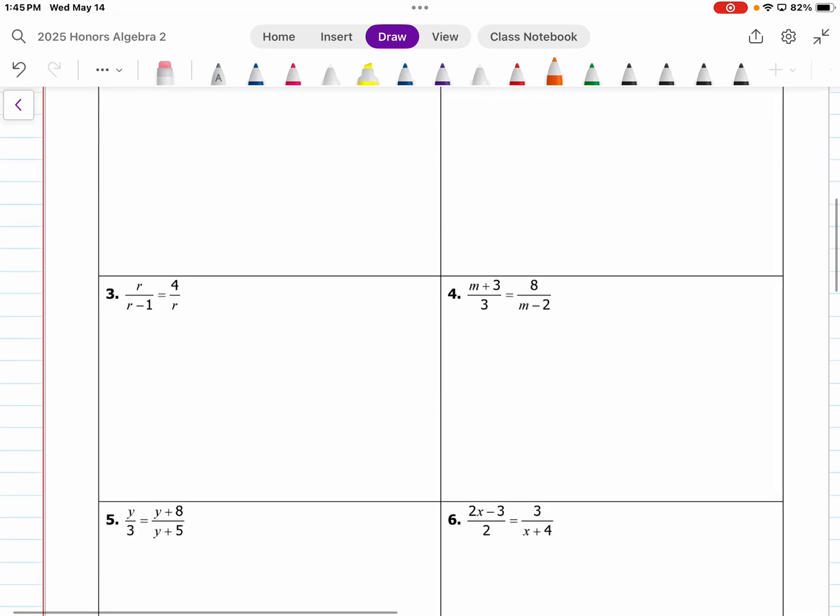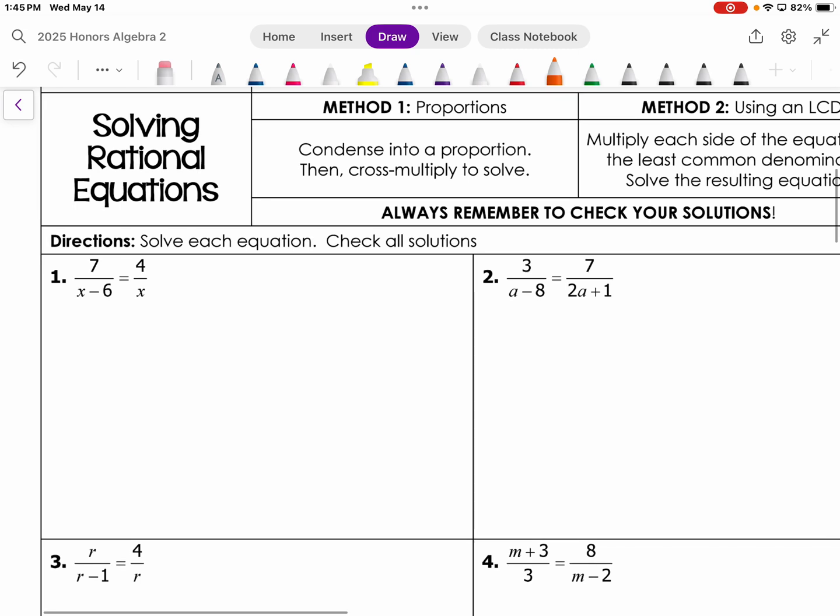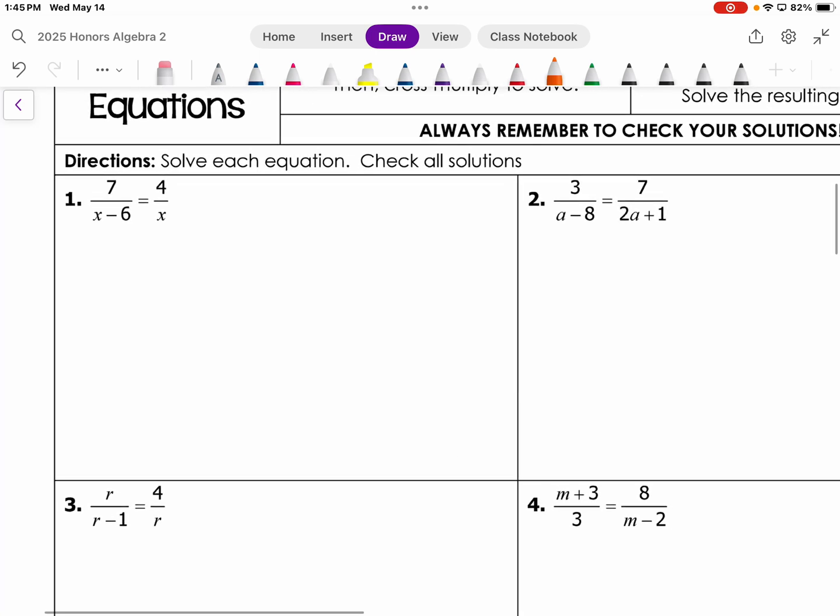At some stage you'll probably work ahead of me, which is fine. Just be careful. We learned back in 7th grade that if we had 3 over 10 is equal to x over 14, and I have two ratios or a set of proportions equal to each other, I can cross multiply.